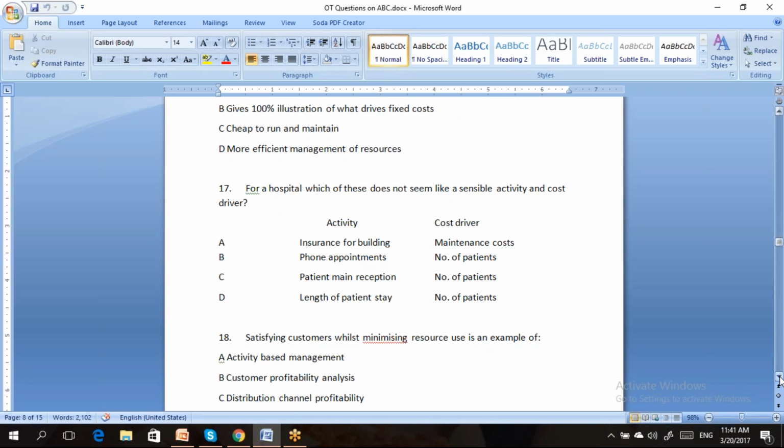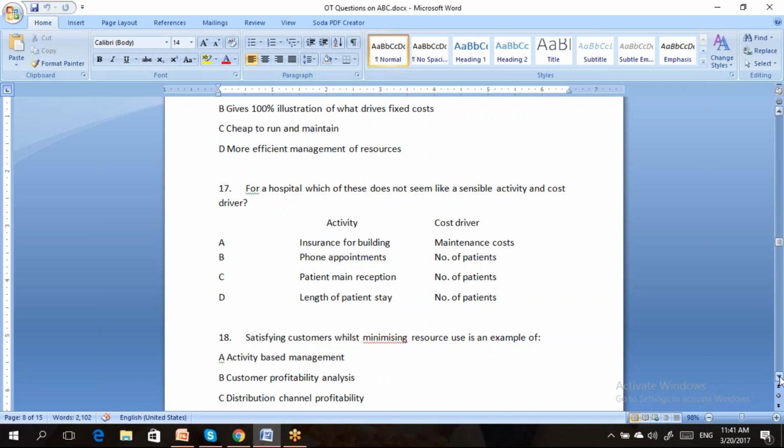It has to be different between B and D. Length of patient stay, is it the number of patients or is it the number of patient days? Number of patient days. Yes, because the length of patient stay is not the number of patients. It is the number of patient days. There can be many patients, who are going to stay for 12 days, for 3 weeks, for 2 months.